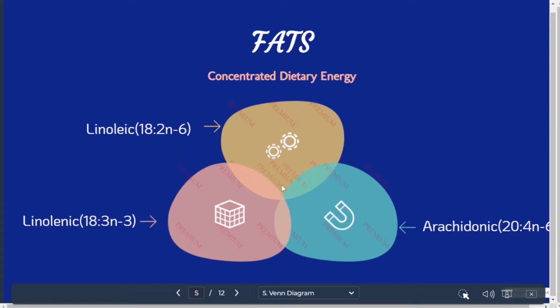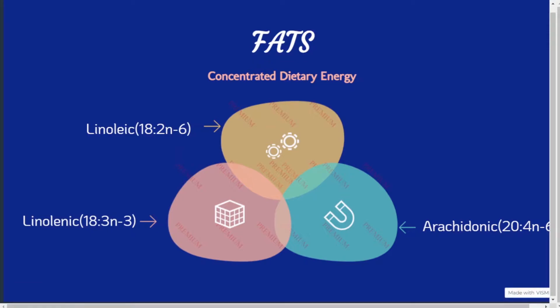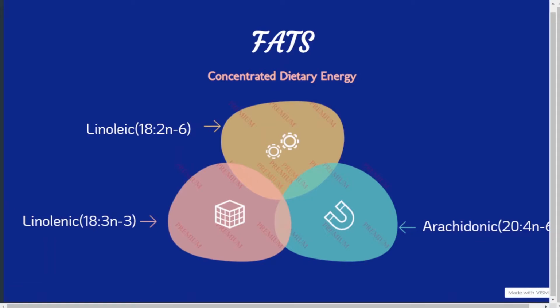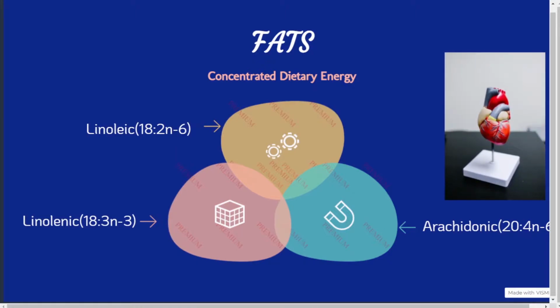Now what is this 18:2 and 18:3? It is basically the carbon, hydrogen, and no, it is actually the carbon, nitrogen, and oxygen ratio. Simple as that.